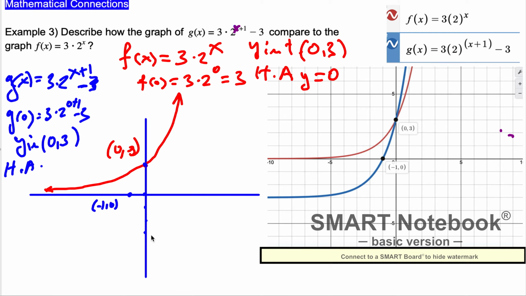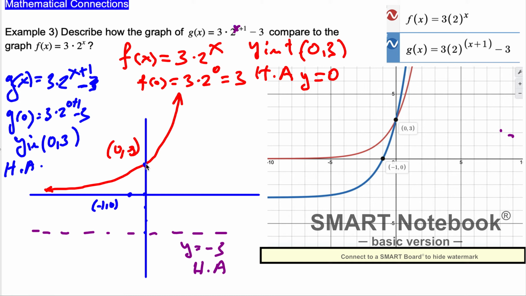Let me write this horizontal asymptote with a different color. So this is y equals minus 3. This is the horizontal asymptote for the blue function.